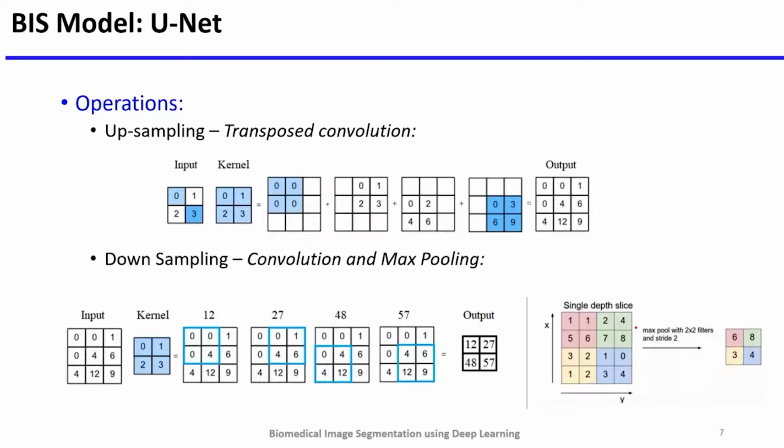For example, in the first intermediate matrix, input 0 is multiplied with the complete kernel, and then the filter moves with stride 1, and the input 1 is multiplied with all kernel weights, and so on. The resultant 3 cross 3 matrix is obtained by adding all the intermediate matrices.